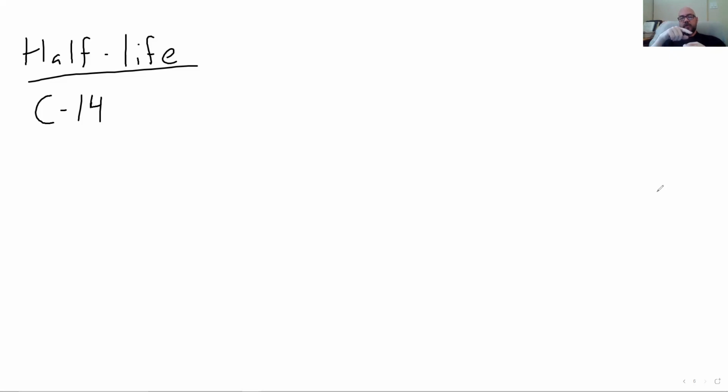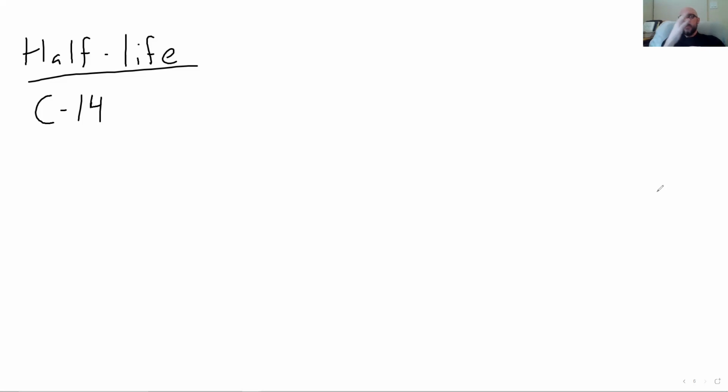So what happens with carbon-14 is it will periodically shoot off one of these particles, I don't remember which one, and turn into something else. The more atoms you have, the more radiation they emit, and the faster they change into some other particle.